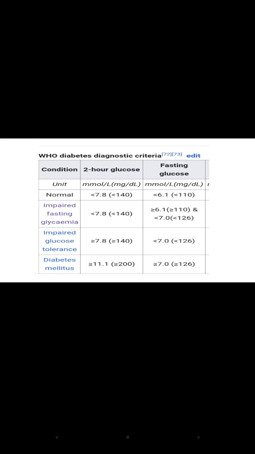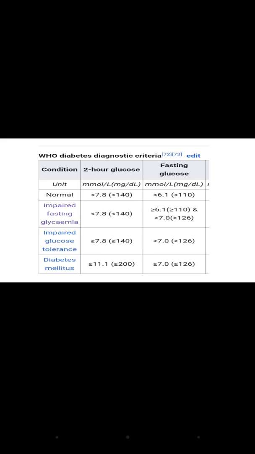But what if there is no up to the mark level of blood glucose? For example, according to WHO, we can also categorize it as impaired fasting glycemia and impaired glucose tolerance, in which we will check the fasting glucose levels and 2-hour glucose levels.